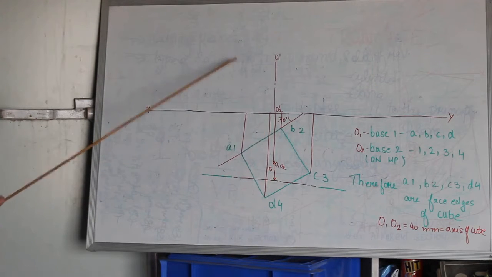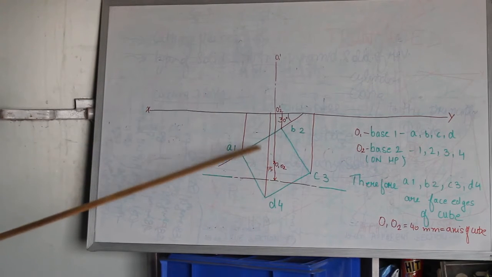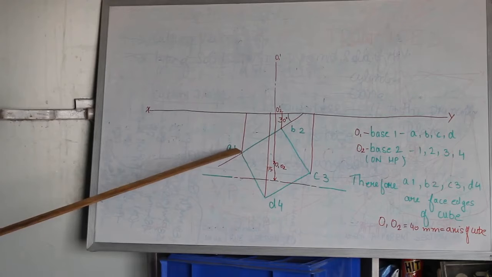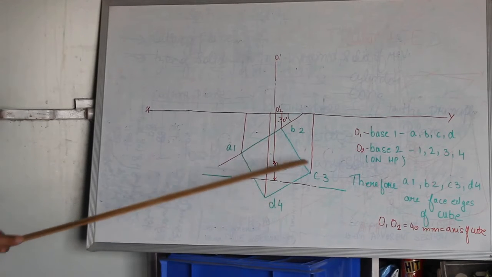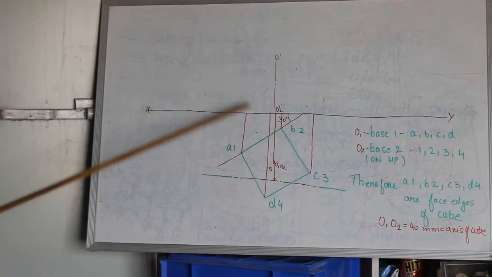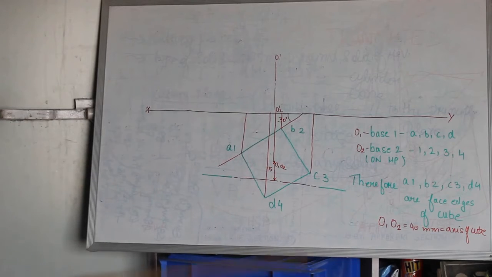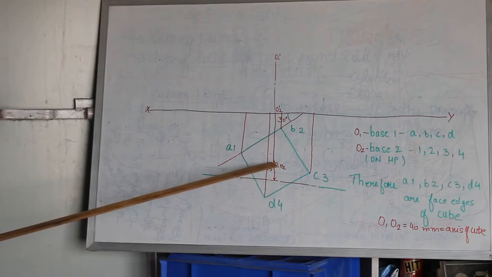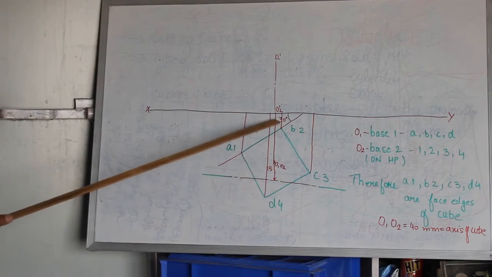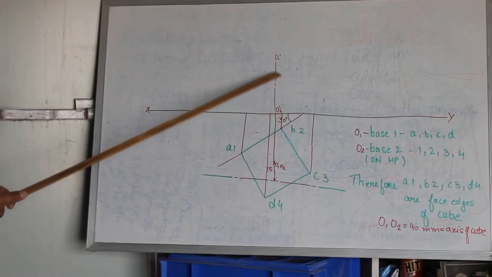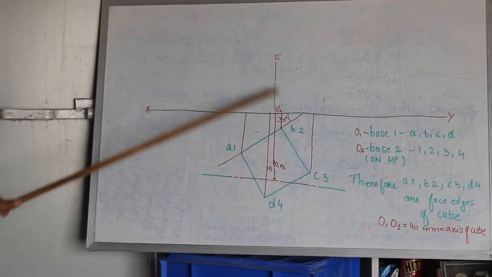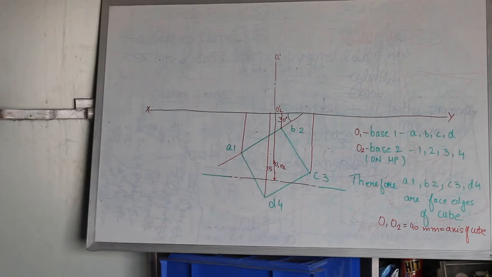To project the cube in the front view, we will have to take the projections from every corner of base 1 and base 2 till the XY line, and then from the XY line, including the axis of the solid, we will have to take the height. Now O1 O2 over here in the front view will be 40 mm.